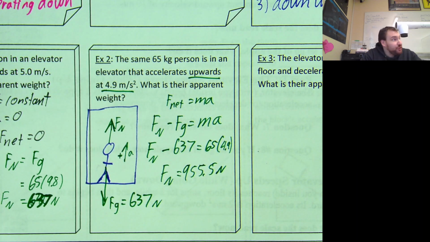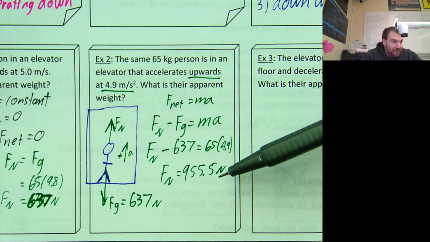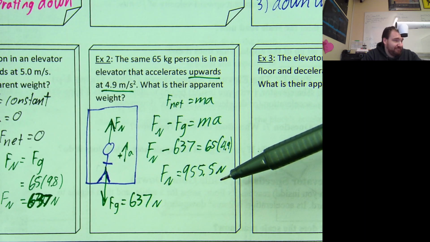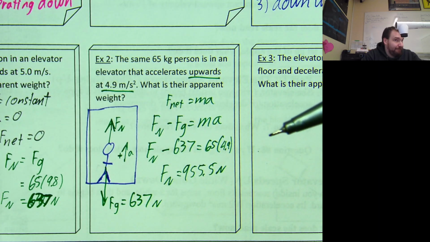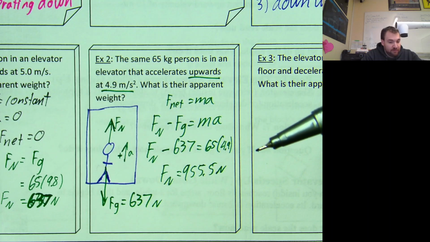Okay. So here's a question for you. This would be the same as if the person actually had what mass? Divide that by 9.8. What's that value? 97.5 kilos.